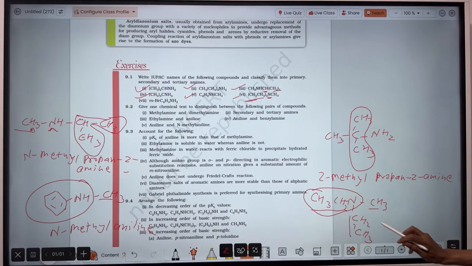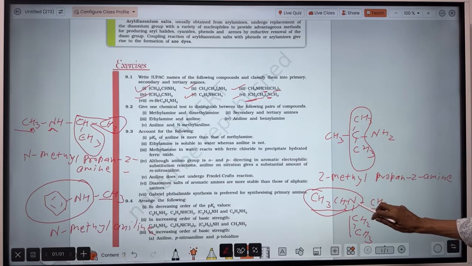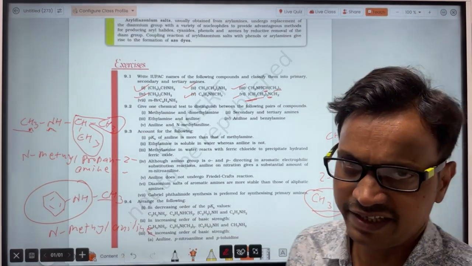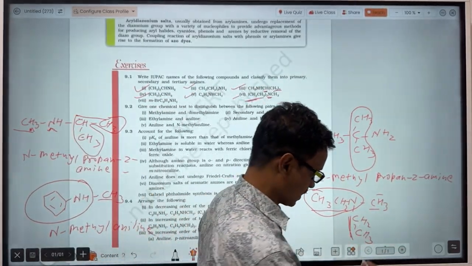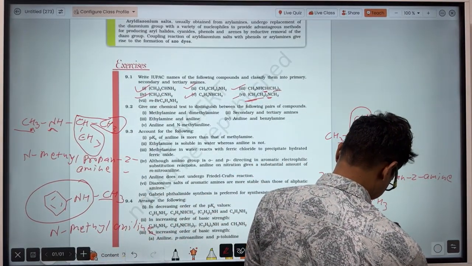So the chain is not 4 carbons because there is a break by nitrogen. So the main name will be ethanamine, and this ethyl and this methyl will act as substituents. In alphabetical order the ethyl comes first, so we will write N-ethyl, N-methyl ethanamine. So that is its IUPAC name.